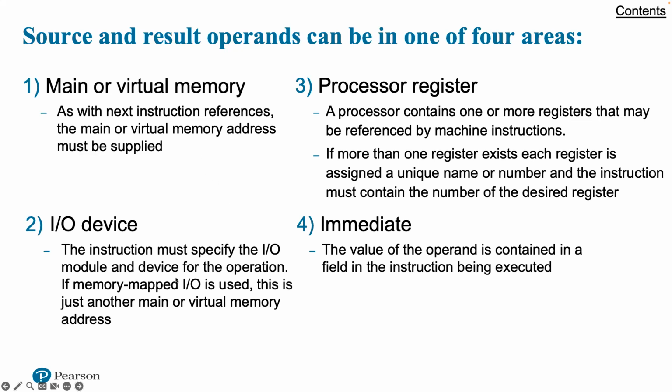It can go to an I/O device. So maybe you're connecting with, like I'm connecting with my mouse pad or a keyboard. You could be communicating with a register. And so those are the closest and fastest things that you could be communicating with.